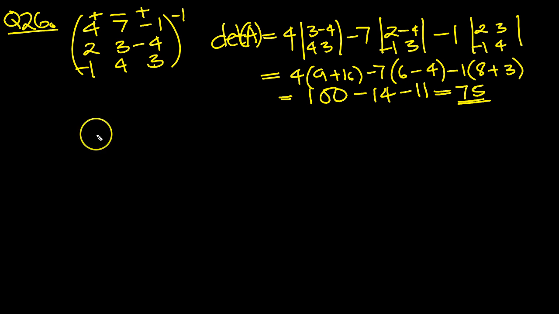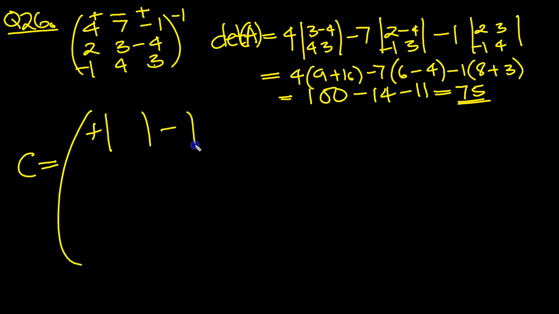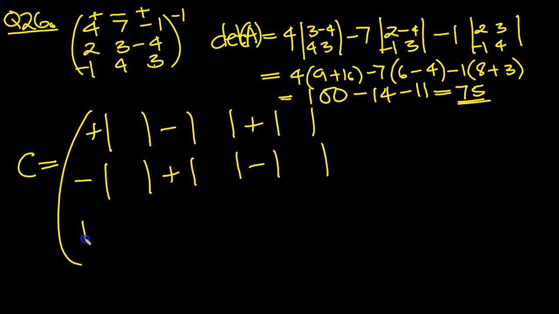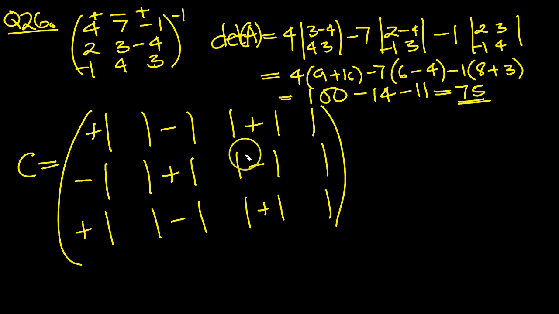That's the determinant then. Now we need the cofactor matrix, so I'll just put it here. I'll give us plenty of room, and it's plus, minus, plus, minus, plus, minus, and you do need plenty of room, plus, minus, and plus. There we go. So what have we got here then?